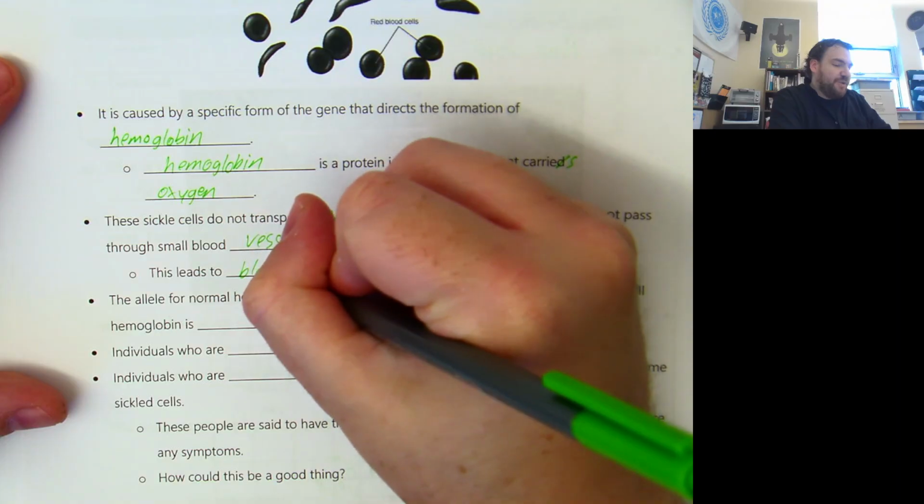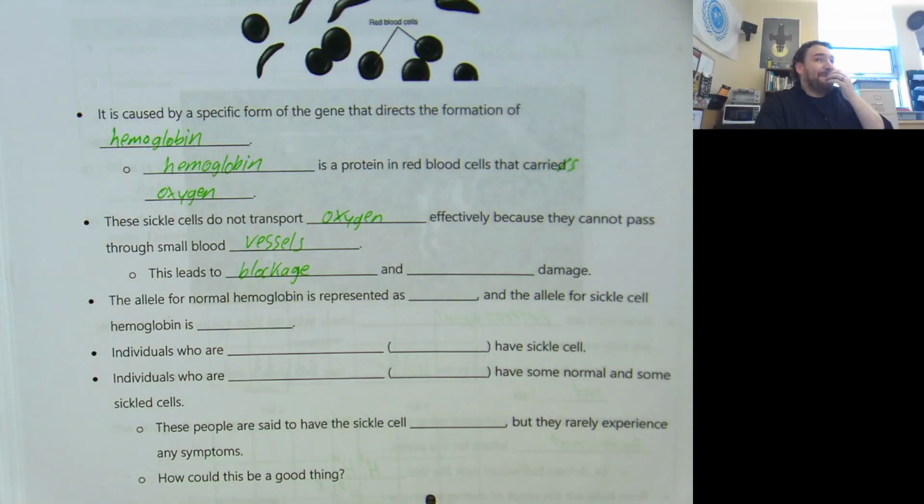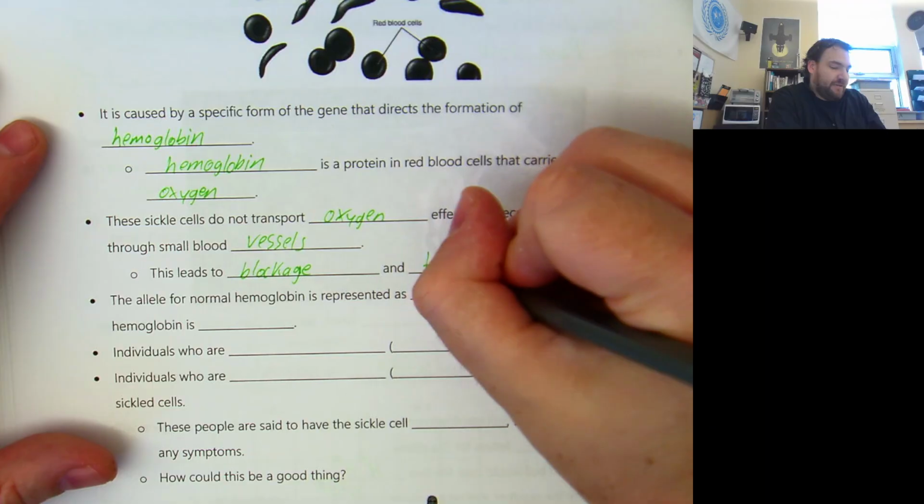If it's a blockage in a larger vessel, like the arteries feeding a limb, for example, that limb can start to die. Or at the very least, tissue damage can result.